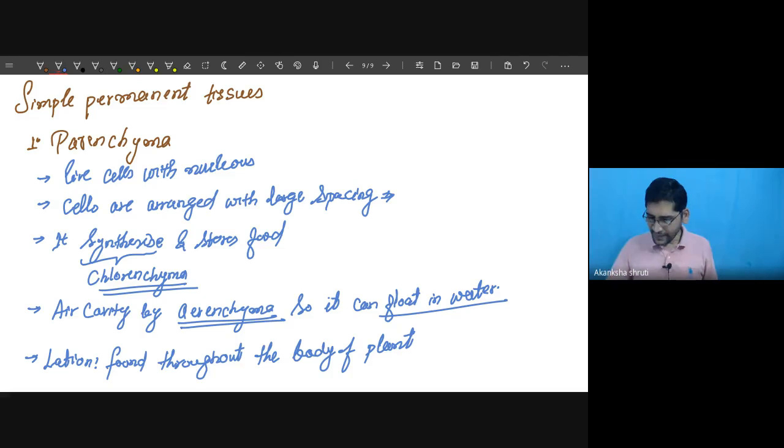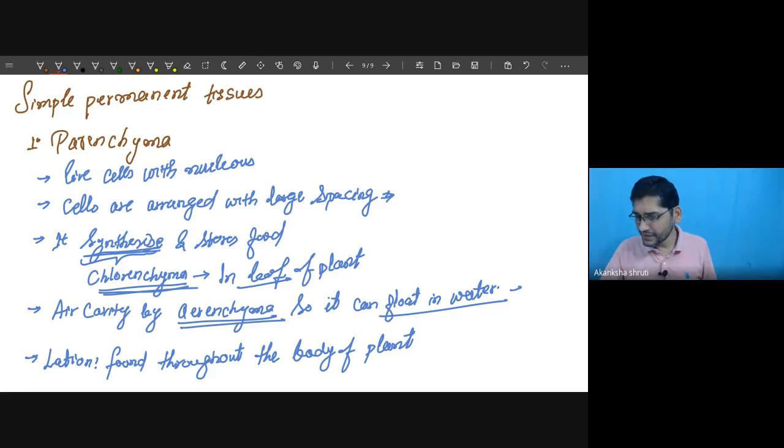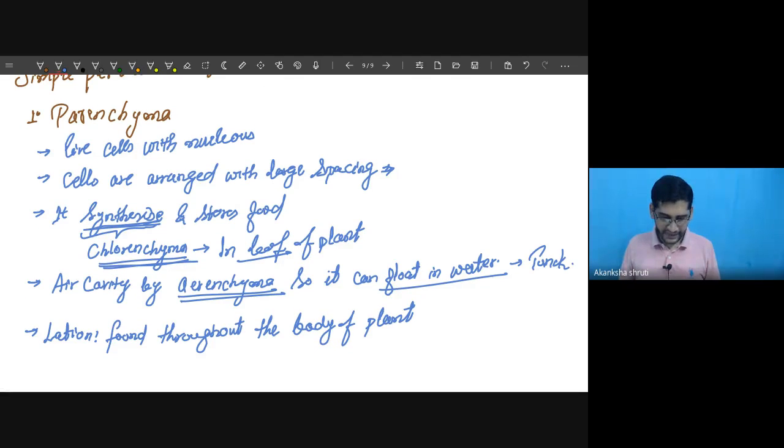But if you consider the synthesis of food, this synthesis occurs in the leaf, so chlorenchyma is in the leaf of the plant. And the parenchyma which gives flotation is mostly in the trunk. So this is about the parenchyma.